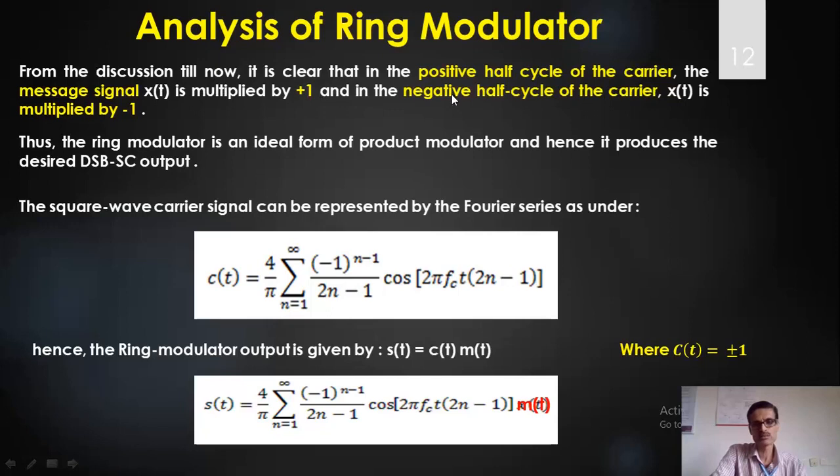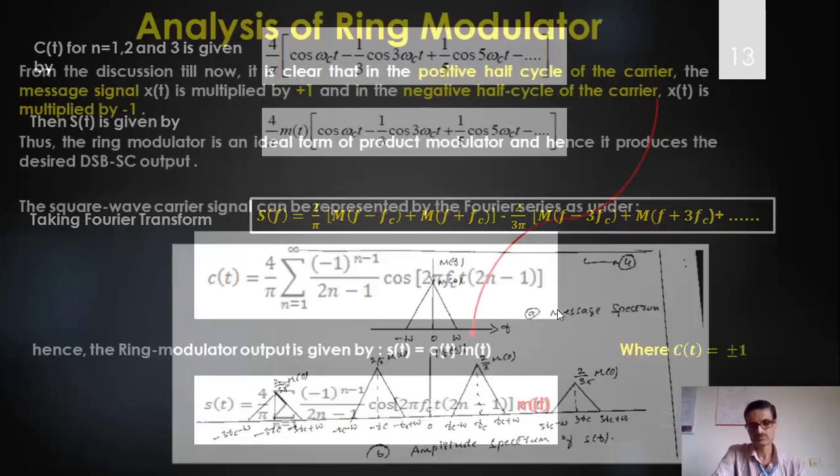As I explained earlier, the positive half cycle of the carrier multiplies the message signal by +1, and the negative half cycle of the carrier multiplies the message signal x of t by -1, so we get a product of the two components. This is equivalent to this equation. That is, s of t, in the time domain, is c of t multiplied by m of t. What is c of t? The c of t is the carrier, and in my case, I have considered the carrier as a square wave. But c of t is actually either plus or minus 1.